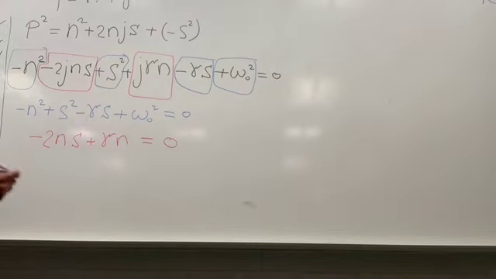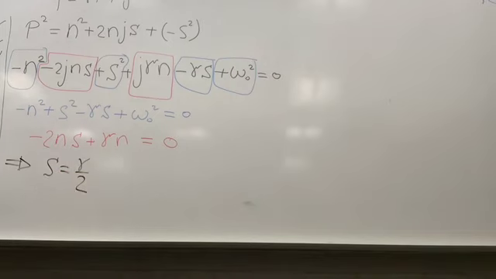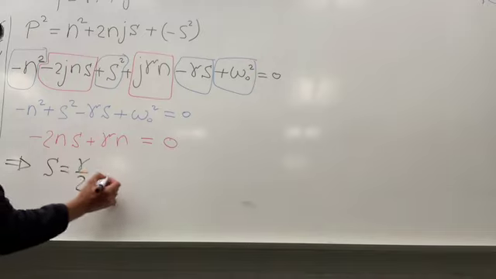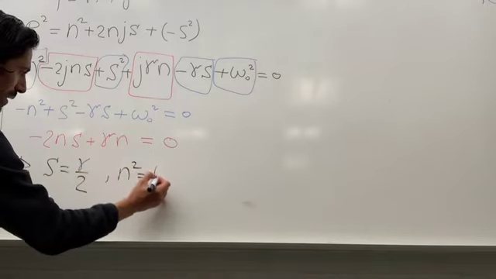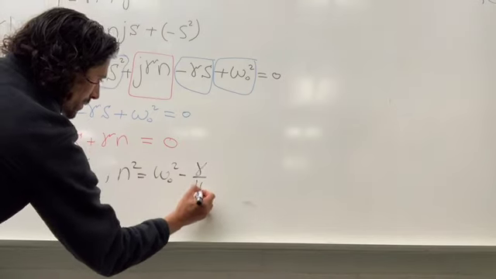Now, if we solve these equations, you find out that s is gamma over 2 and n squared is omega 0 squared minus gamma squared over 4.